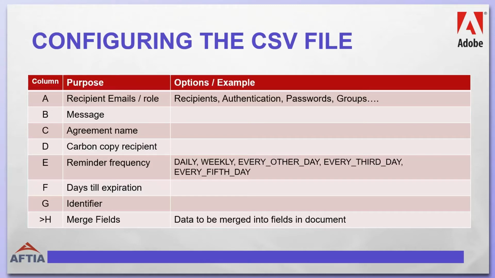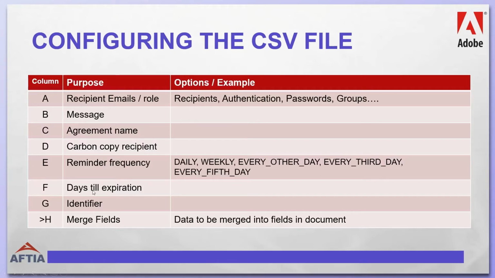E is going to be the reminder frequency that you want to include for that particular recipient. Here you can see that there are specific keywords that are required: daily, weekly, every_other_day, every_third_day, or every_fifth_day, for instance. These are keywords that GigaSign will use to identify the frequency of that reminder.